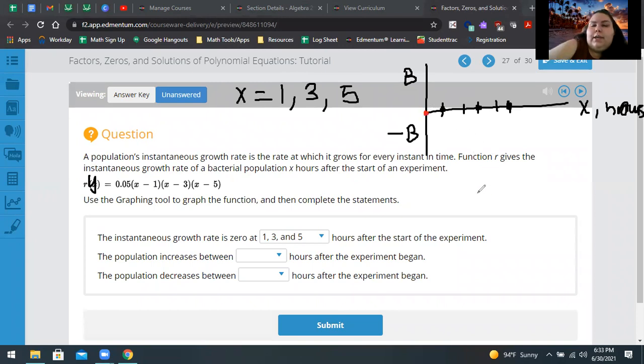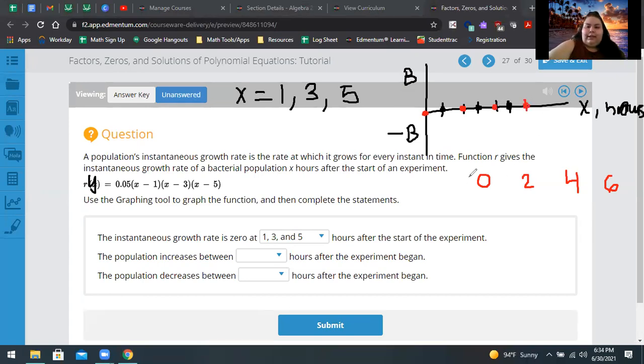So I'm going to go ahead and do the sign chart. I'm going to test out 0, 2, 4, and then 6. So that is 0 right here, this is 2, this is 4, and this is 6.